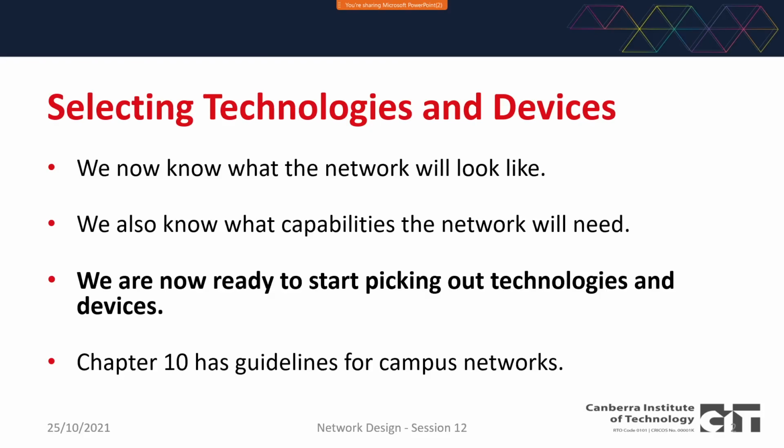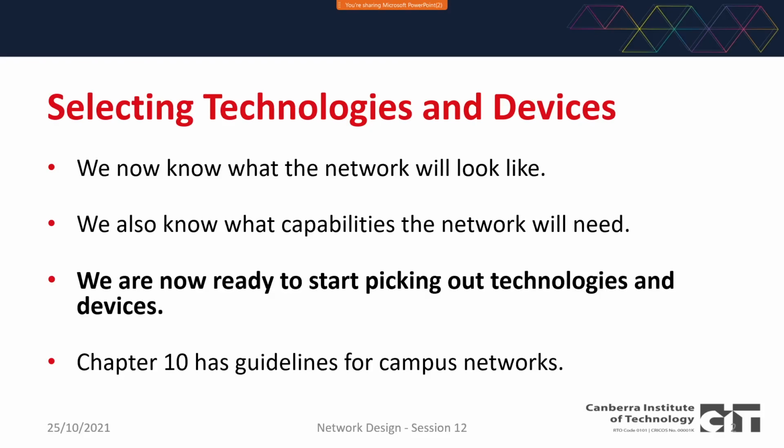Some switches they have gigabit Ethernet ports. Some switches nowadays they even have 10 gigabit Ethernet ports. And choosing which one is going to be the one needed is actually coming down to selecting the technologies. And how are we going to do that if we don't have the design? So we designed everything first. We make sure we understand the technologies that we will need, and then we are ready now to start selecting the technologies and the devices.